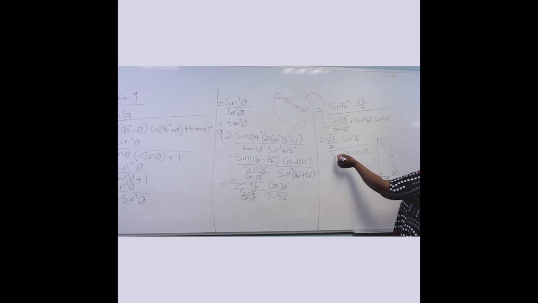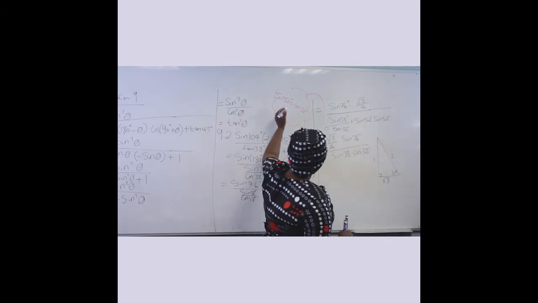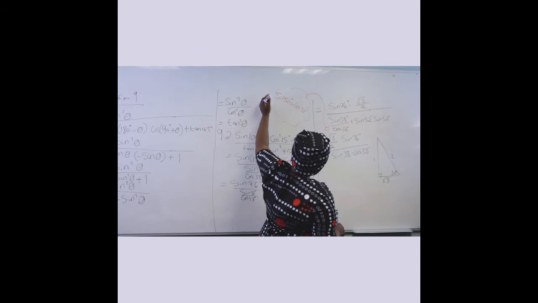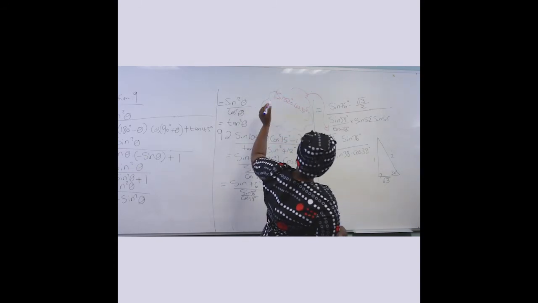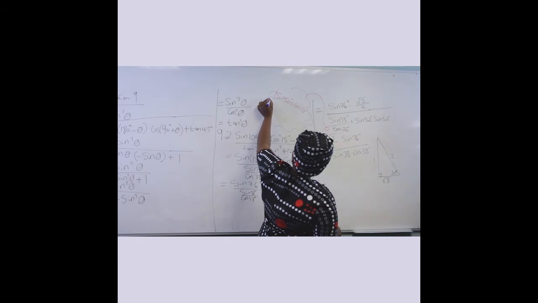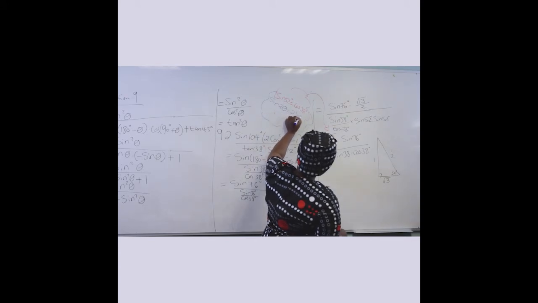Okay. Now this, if you remember, we said we can rewrite in a different manner. Let's do it inside the cloud so that you can remember. Remember that in the formula sheet we have the double angle for sine. It is sine 2 theta equals 2 sine theta cos theta.